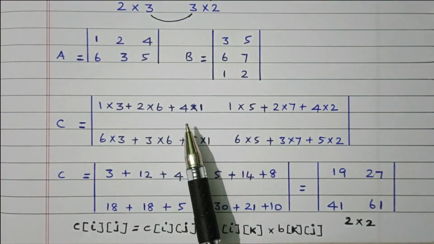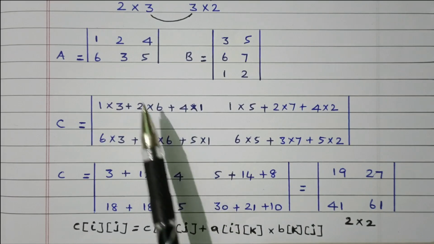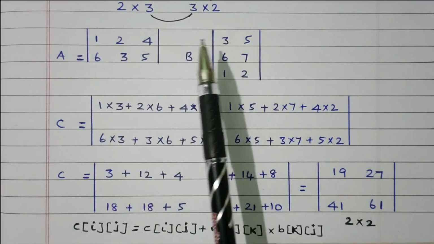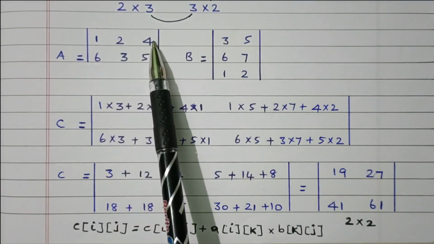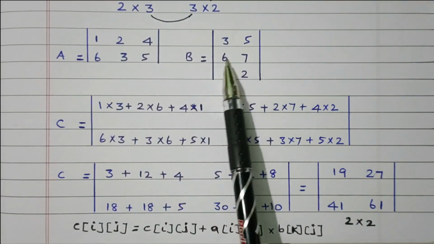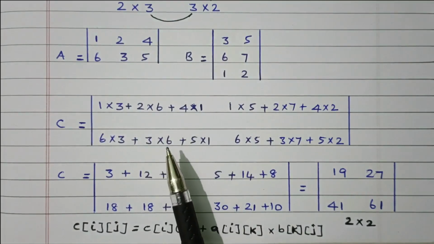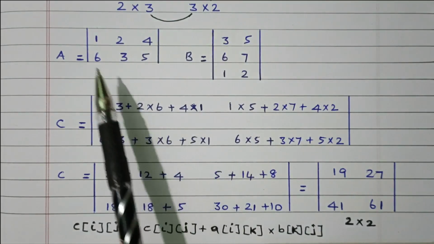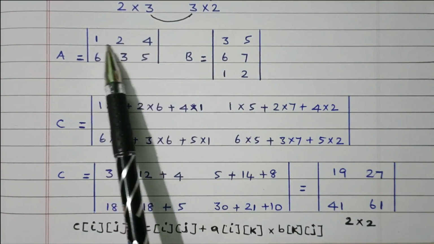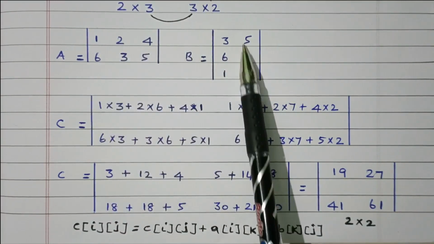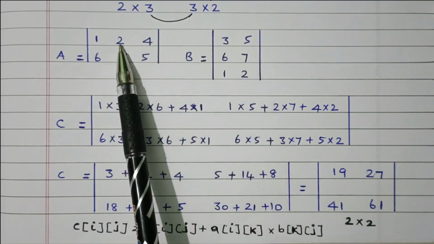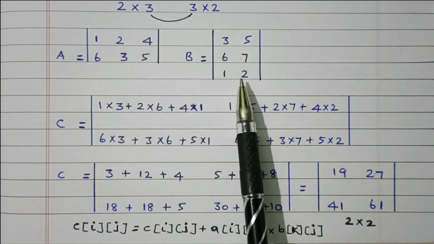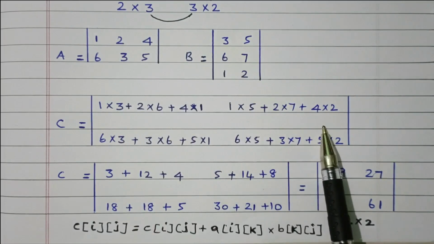In matrix addition and subtraction it is easy, 1 plus 3 only we are adding, but here we need to multiply these 3 column elements with 3 row elements and add them together, right? For the second, we do the same: the first row's 3 elements are multiplied with the second column elements, 1 into 5, 2 into 7, 4 into 2, and they are all added together.